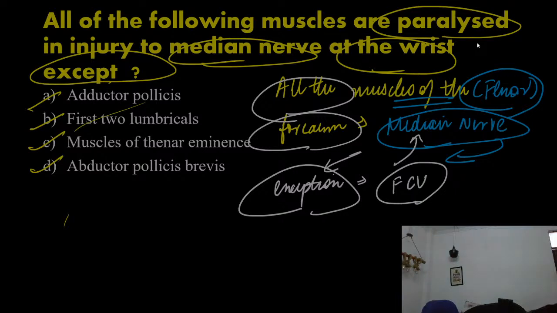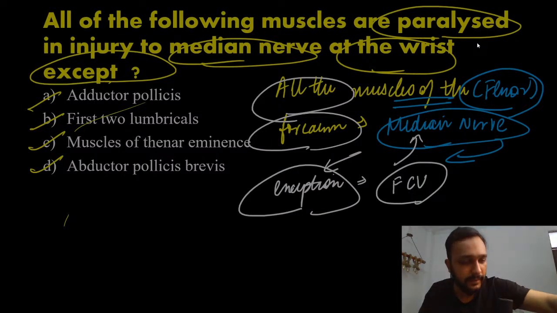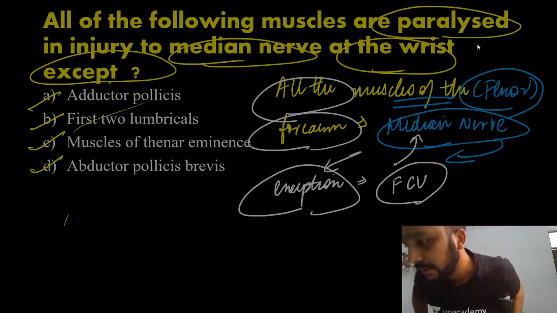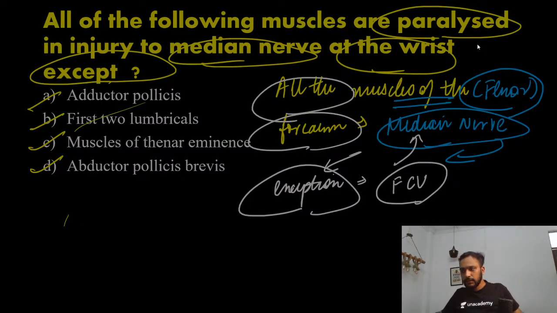All the muscles of the flexor compartment of the forearm are supplied by the ulnar nerve. The only exception is the flexor carpi ulnaris muscle.